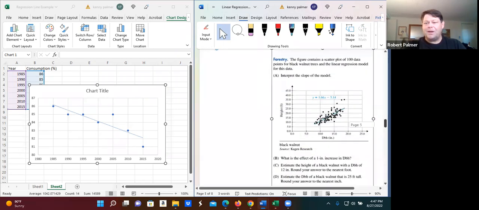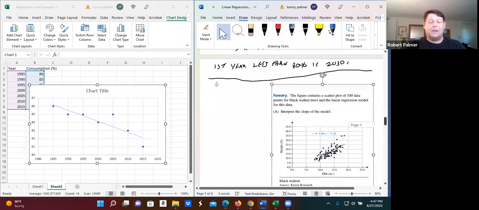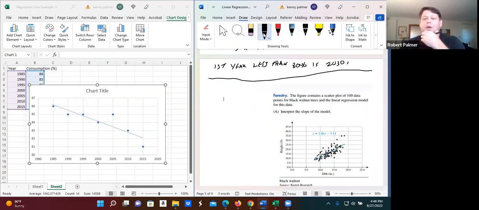This kind of shows you what real data can look like a lot of times, especially if we have a lot more data. So we'll read this one. This says, this figure contains a scatter plot of 100 data points for black walnut trees and the linear regression model for this data. So basically we want to interpret the model.